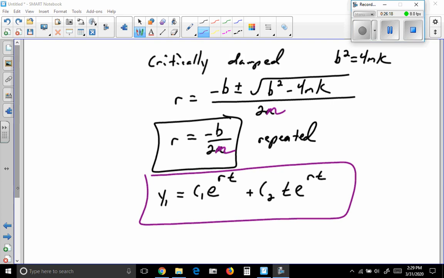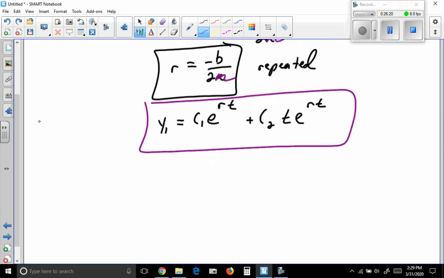Let's look at what's going to happen to this over time as t goes towards infinity. Let's factor the e to the rt out. I'm just going to put it down here on the end. If we factor that out, we have c1 plus c2 t.